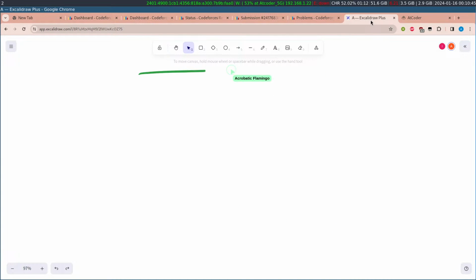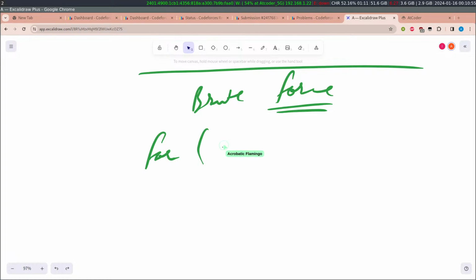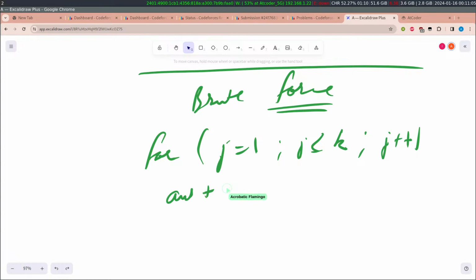First, we can do the brute force approach. We run a for loop with j equal to 1, j less than or equal to k, j plus plus, answer plus equal to a of s plus j minus 1 into d.